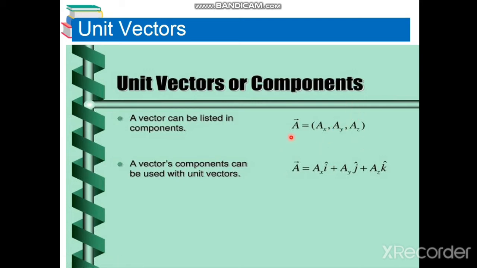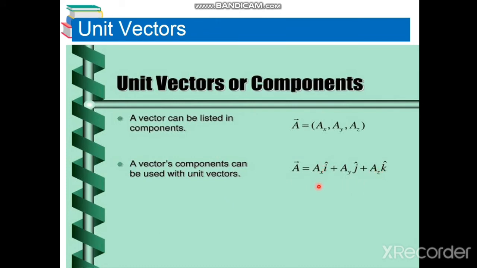In terms of components and unit vectors, a vector can be written as a is equal to ax i plus ay j plus az k. It means that ax is magnitude in the direction of x-axis, so i is representing the direction along x-axis. i means that ax is along x-axis, j means ay is along y-axis, and k means az is along z-axis.